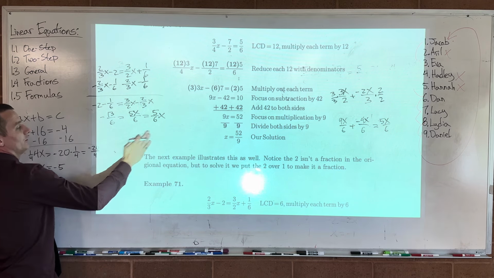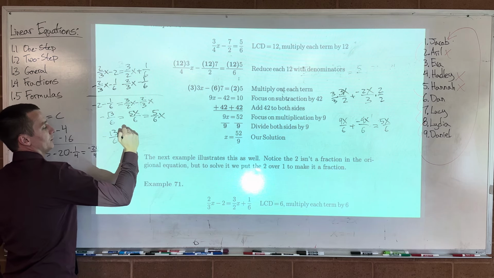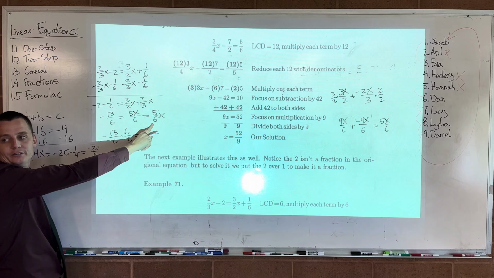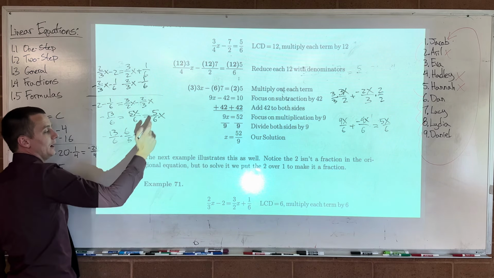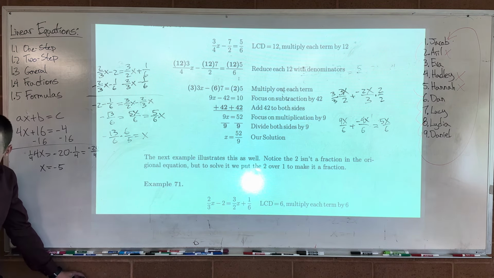Perfect. So this is going to be negative 13 over 6 times 6/5 is equal to 5/6 times 6/5, which is 1. 1 times x just leaves us the x. That's the whole reason we multiply both sides by 6/5, to get the x by itself.